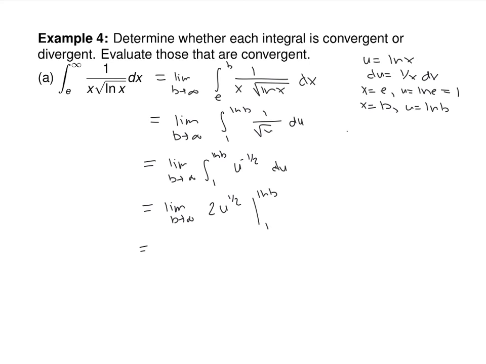If you did not change your bounds to u values, you'd have to go back to x's and plug those original x's in. Limit as b goes to infinity, 2 square root ln b minus 2 square root of 1. Well, this will go to infinity because natural log of b goes to infinity, and rooting it still goes to infinity. So this integral diverges.